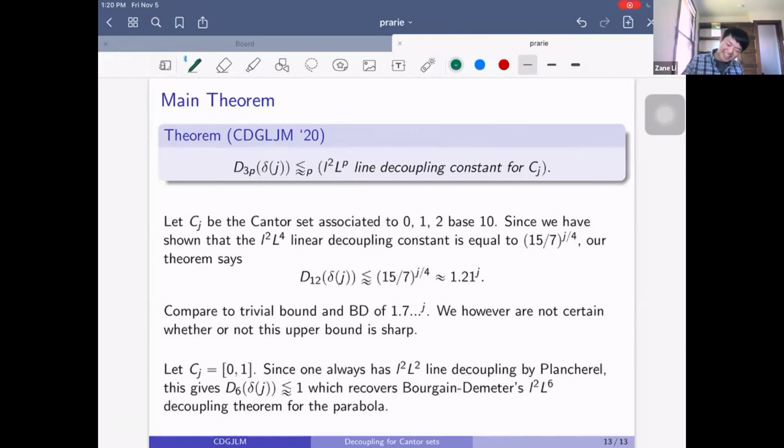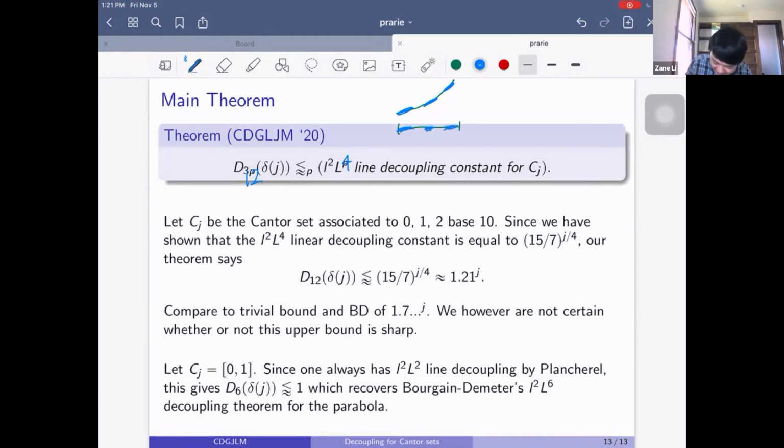So our main theorem says the following. We have a Cantor set on the parabola, and let's restrict to p equals 4, so let's take 3p to be 12. Let's say I want to measure the L^12 decoupling of these blue sets on the parabola. Our theorem says that to measure how big this is, it suffices to measure how much it costs to decouple the projection of the blue set on the line.